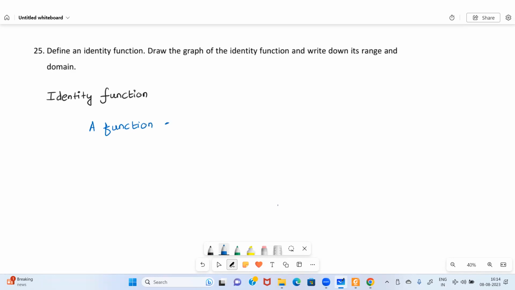A function f from the set of real numbers to real numbers that is given by f(x) = x, y is x, is called the identity function.